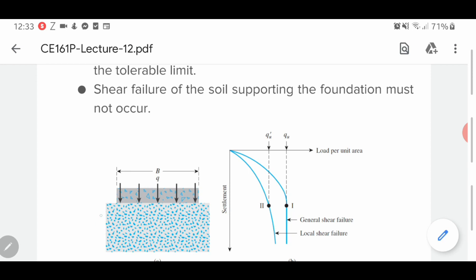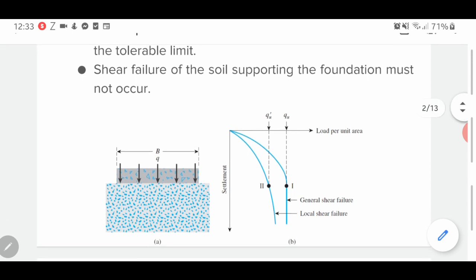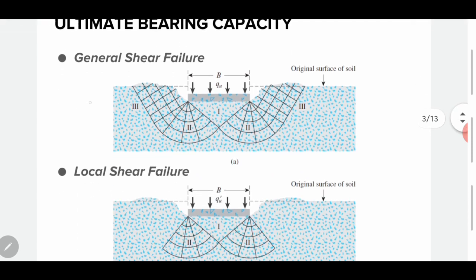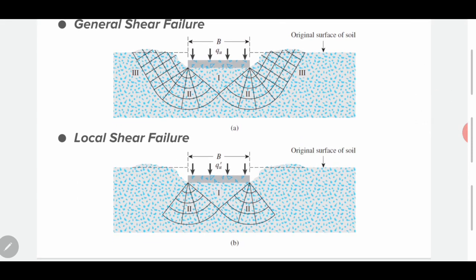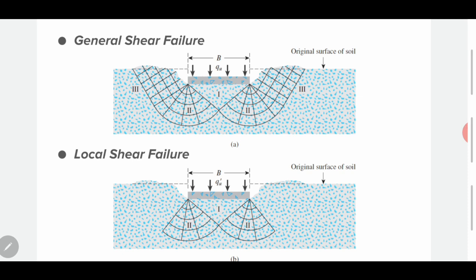And let me emphasize to you the two types of failure. So the first is the general shear failure. This occurs commonly on dense soils. So ang nangyayari, kapag in-apply natin yung load, whenever we apply the load due to the foundation on the soil, it causes some parts of the soil to rapidly go upward.